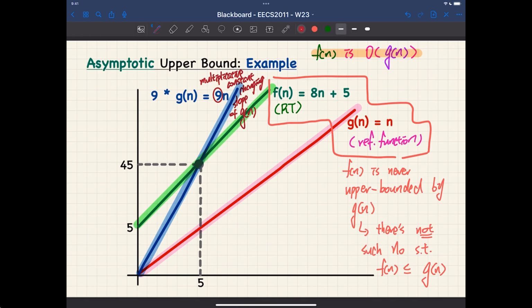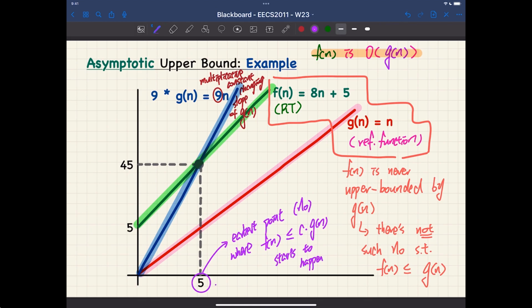You can think about this one over here as the earliest point, which is n0, where f of n less than or equal to c times g of n starts to happen.